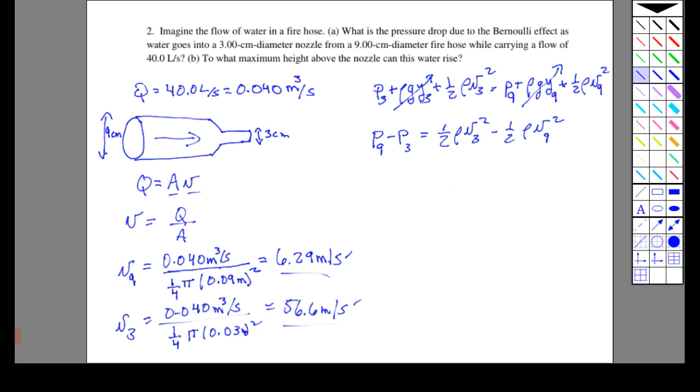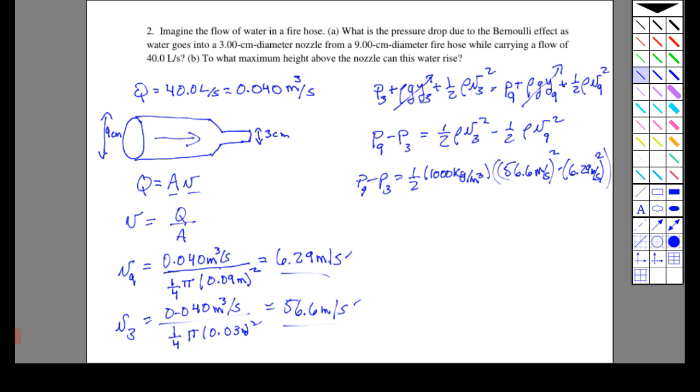So we have P9 minus P3 is equal to 1/2 rho, which is our density of water. Our density of water is the usual 1,000 kilograms per meter cubed. And we multiply this by the difference in the squares of the velocities, so 56.6 meters per second squared minus 6.29 meters per second squared.